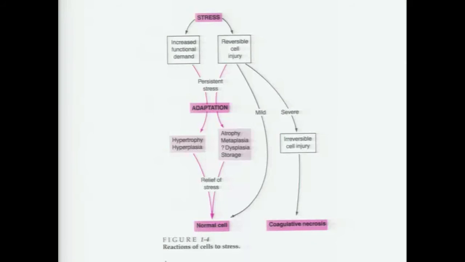Sometimes the stress is so mild that the normal cell function just isn't impaired at all. And then much more often, cells undergo low-level stress over a prolonged period of time and adapt in some way. They undergo some sort of adaptation, either to an increase in functional demand or to some sort of cell injury that is reversible.